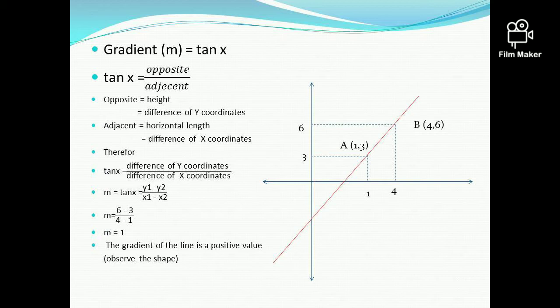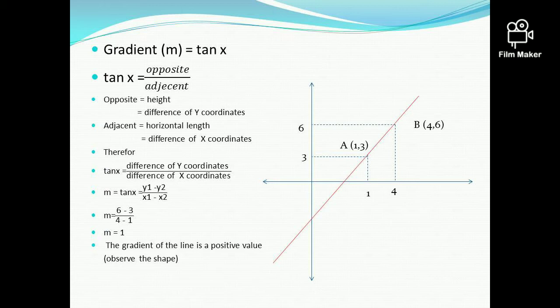From this diagram, opposite is the height of the triangle and adjacent is the horizontal length along the x-axis. Therefore, opposite becomes the difference of y coordinates and adjacent becomes the difference of x coordinates. Then tan x becomes the difference of y coordinates divided by the difference of x coordinates. That is how we get the definition: gradient equals (y1 minus y2) divided by (x1 minus x2).